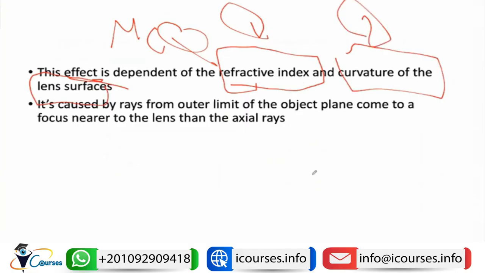It is caused by the light rays from the outer limit of the object plane coming to a focus nearer to the lens than the axial rays.